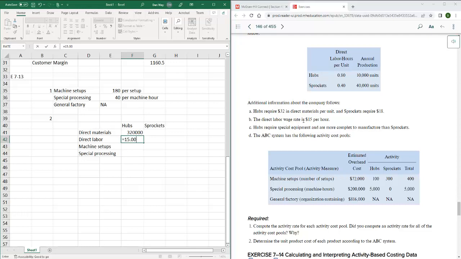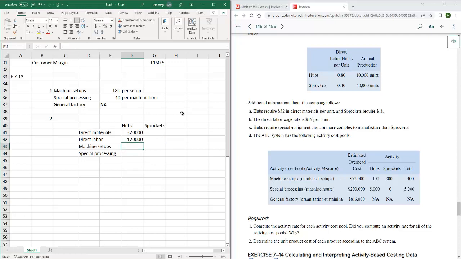So we'll multiply that by the 10,000 units we intend to make times the 0.8 hours each one takes to make. Okay, so all we're doing in the parentheses there is coming up with the total labor hours required to just produce the hubs. 10,000 units times the 0.8 hours it takes per unit. So there's total labor cost, 120,000.